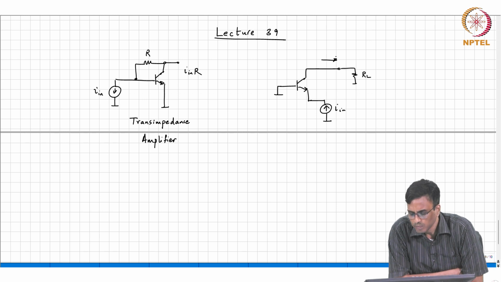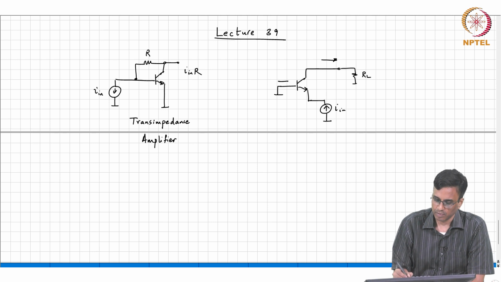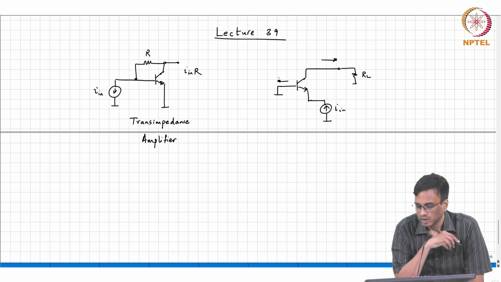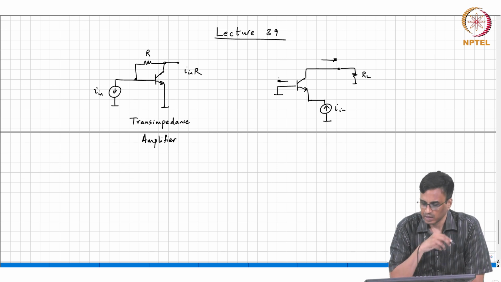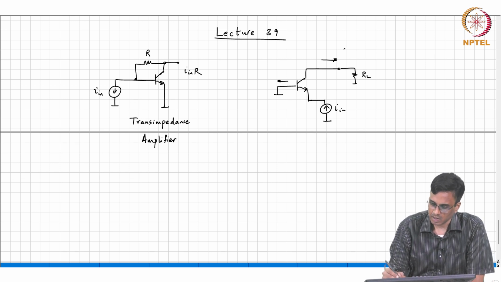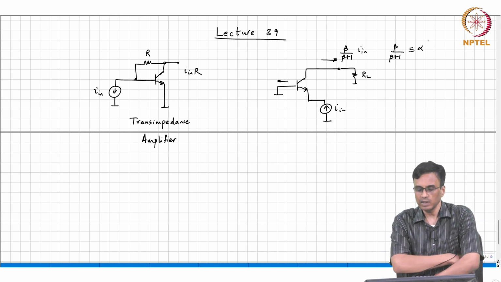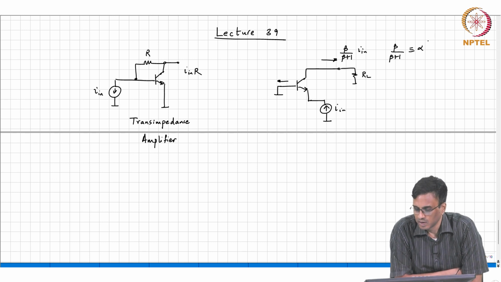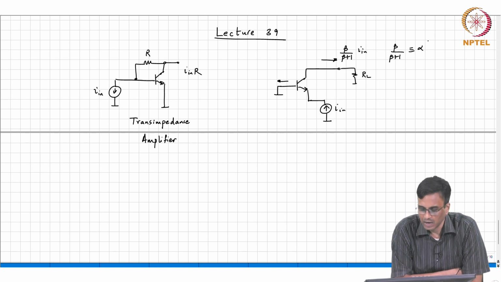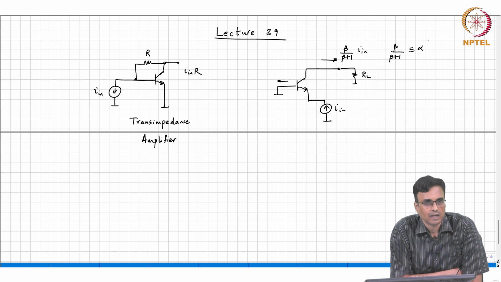Now, a small fraction of that input current goes out through the base, so what comes out is beta by beta plus 1 times IN, and remember that beta by beta plus 1 is defined to be this quantity alpha. One way of defining alpha is basically the current gain in the common base configuration.